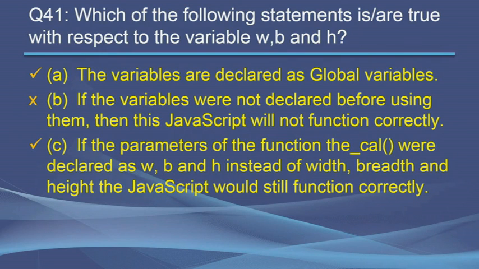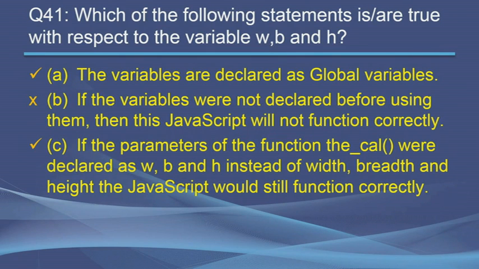So it is important to know your scoping of variables within JavaScript. The next one is, if the variables were not declared before use, then JavaScript will not function correctly. That's incorrect, because in JavaScript you can define variables and initialize them, or you can just use variables whenever you need them. You can create new variables.